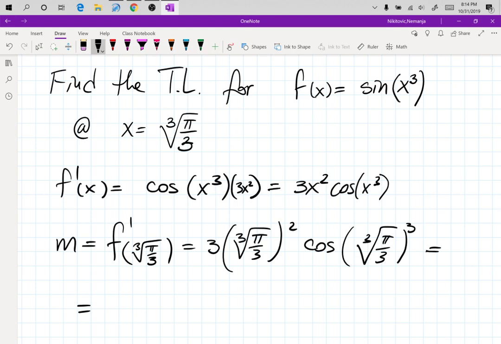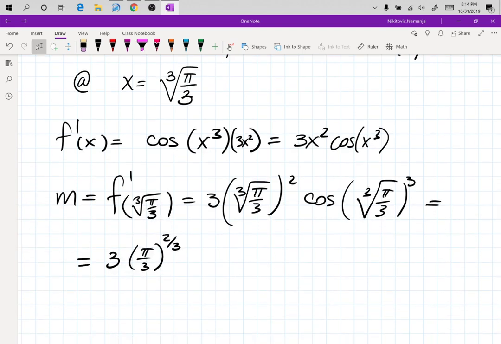So now we're going to have 3 times, and when I square this, it's going to be pi over 3 to the 2/3, because the cube root gives you divided by 3, right? And then we have a cosine of pi over 3, because the cube root will be canceling the cube up there.